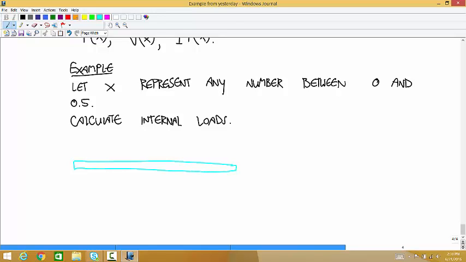Okay, so we're going to isolate a piece that goes all the way from the left to some arbitrary value x on the right. So this point here is x.